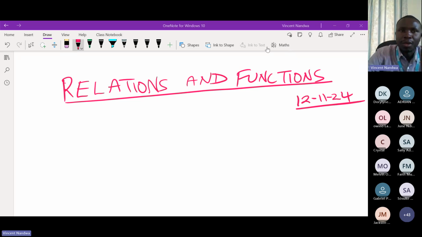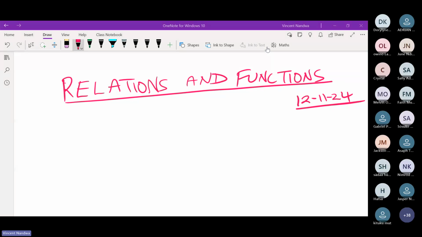We are going to discuss relations and functions. This is a key chapter that will help us discuss relationships between sets and its elements, and then help us build a foundation on how to start our second part of the course, the calculus bit.